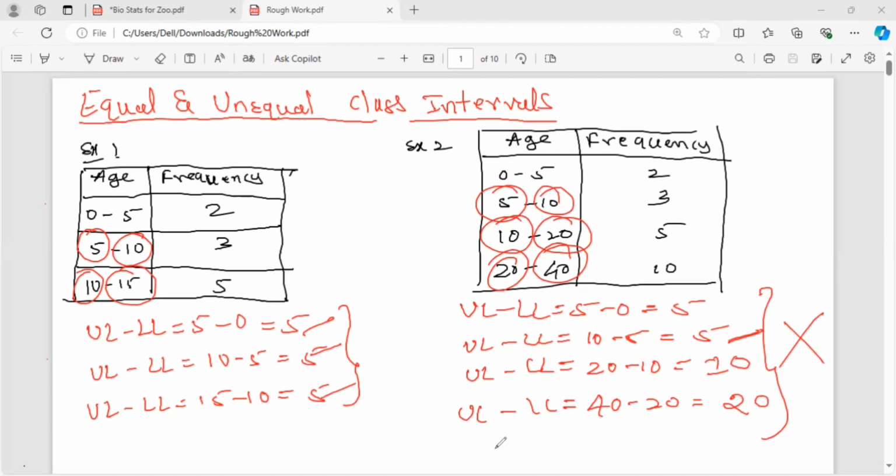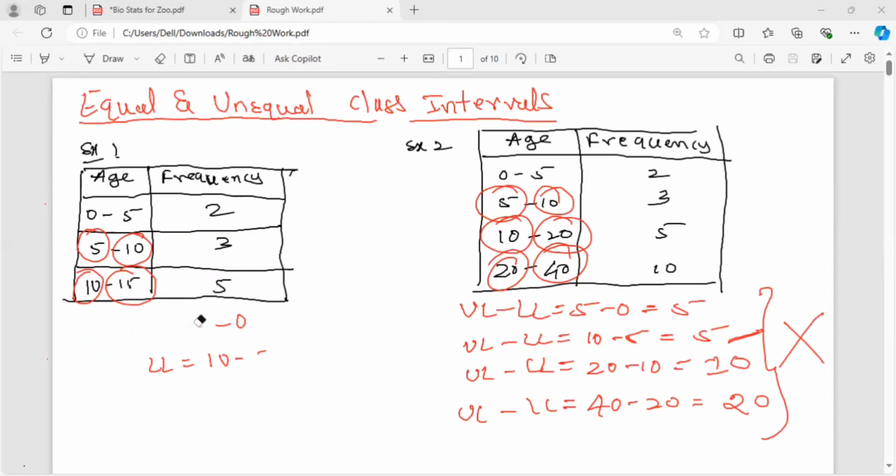Then we say equal class interval. If at least one differs, then we say unequal class interval. So the first example is related to equal class intervals, and the second example is related to unequal class intervals. I hope it is clear why they are called equal and unequal class intervals.